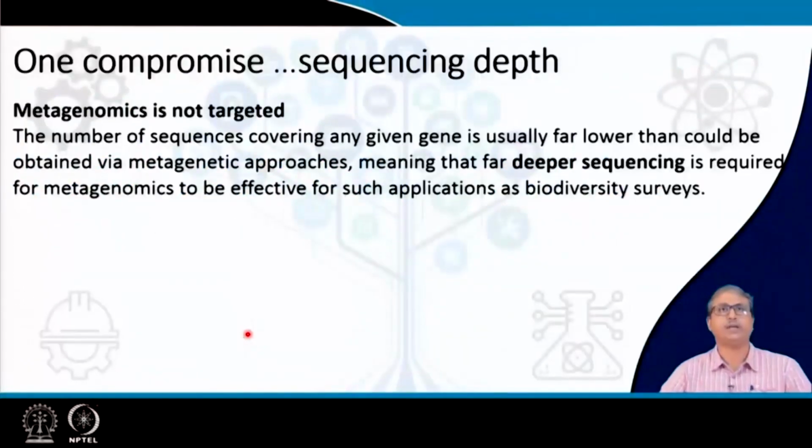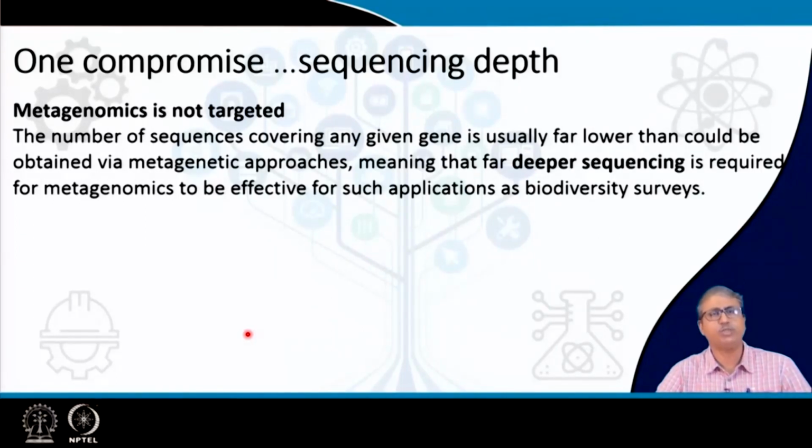However, it has one very severe issue which we must discuss briefly: it is not targeted. It is going to be for all the organisms in the sample. The number of sequences covering any given gene is usually far lower than could be obtained by a metagenetic approach like the PCR based approach, because here we are not amplifying any specific gene; all the genes are available to us.